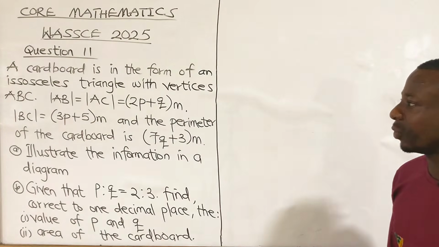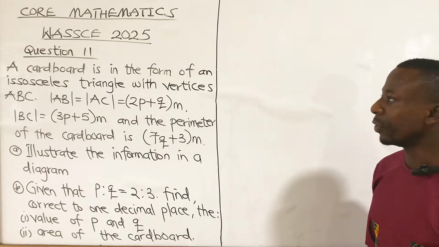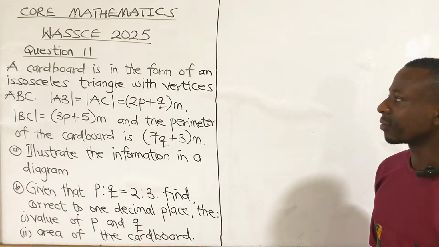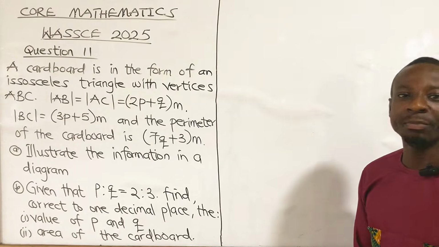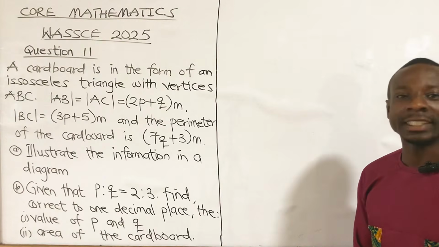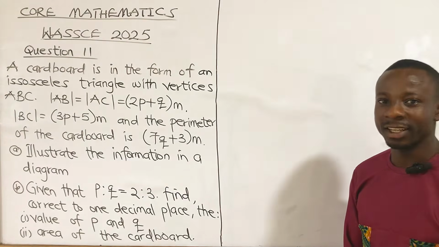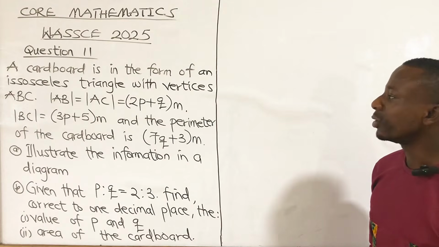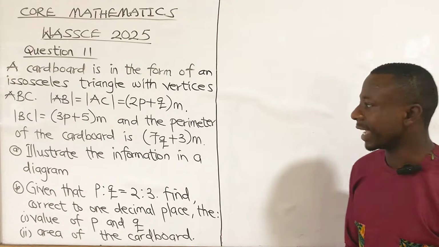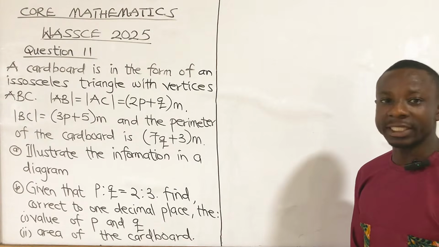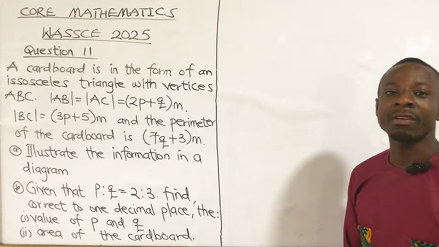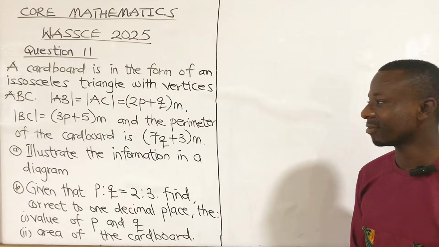Today, we would like to look at another question under Core Math WASSCE 2025, question 11. From the question we have on the board, a cardboard is in the form of an isosceles triangle with vertices A, B, C. Distance AB is equal to distance AC, which is also equal to 2p plus q meters. Again, distance BC is 3p plus 5 meters.